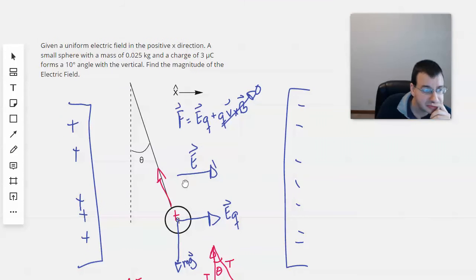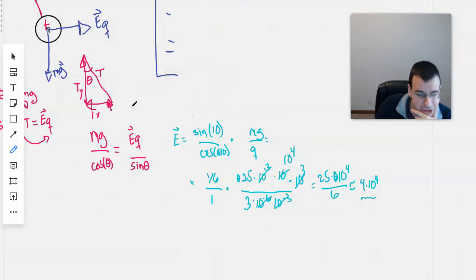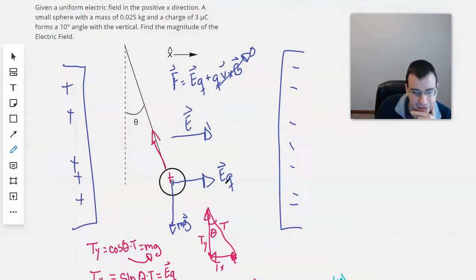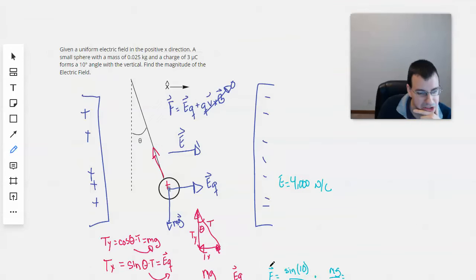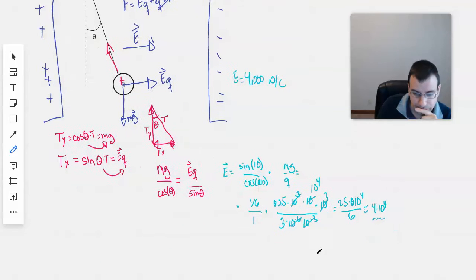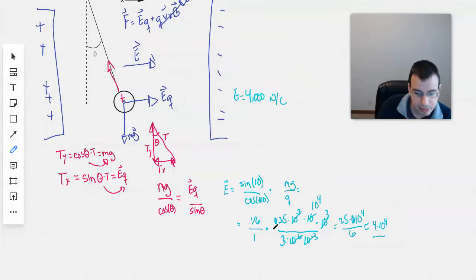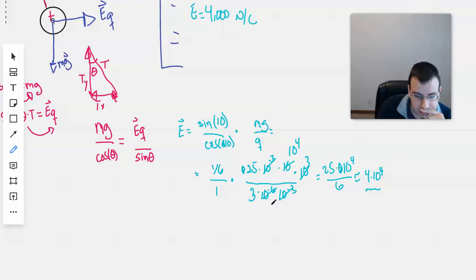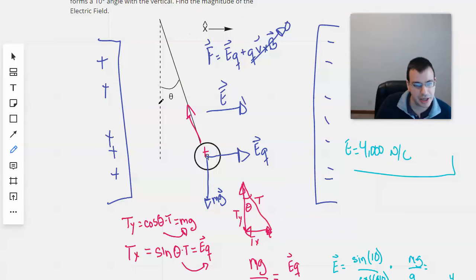Yeah, that's how to do it. Okay, so it looks like we have the electric field then equals 4,000 newtons per coulomb. That's a pretty strong, stout electric field. Yep. Okay, and that is how we would do the pendulum problem.